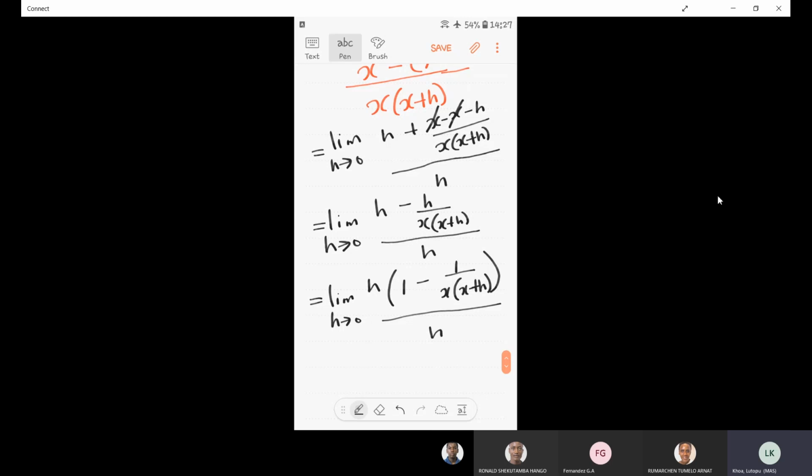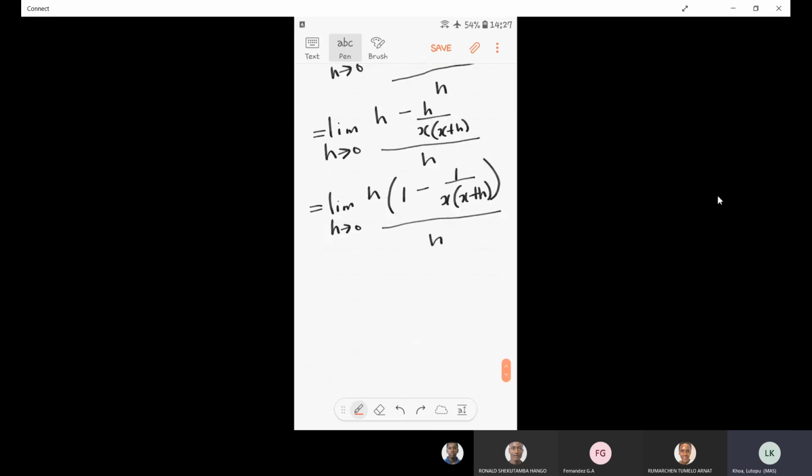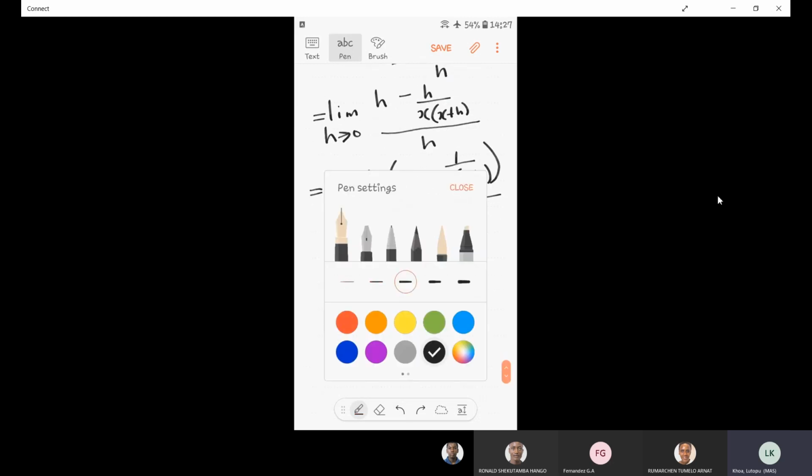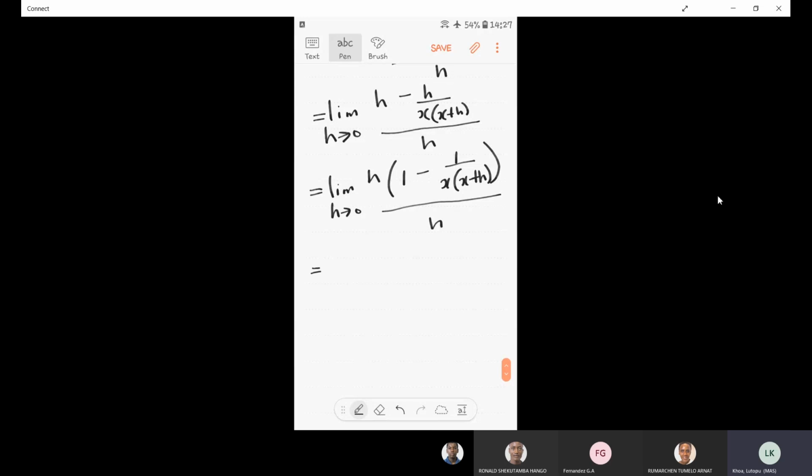And if you tried to multiply this in, you would say h times 1 and then h times 1 over that. You'll end up back over here. So always check that you've factorized it correctly. Then, continuing, we have limit as h goes to 0. Now this h and that one will cancel. I'll be left with 1 minus 1 over x plus h.